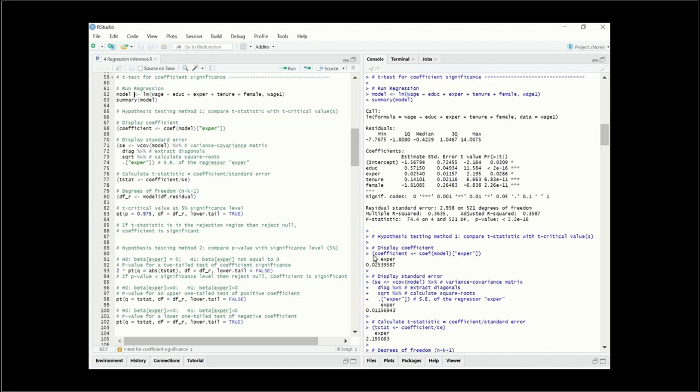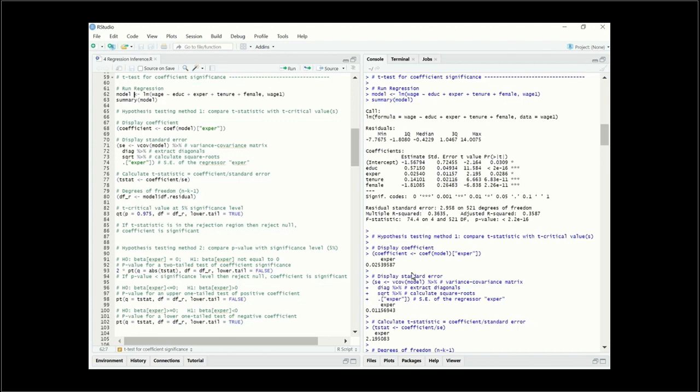So if you notice the coefficient that we have here, if we encompass this line of command in parentheses, basically it shows the results in the console. This one is exactly the same as this one above. And here, if we want to display the standard error, that's the standard error for the coefficient on experience. And this is the same as the standard error that we see in the regression output.